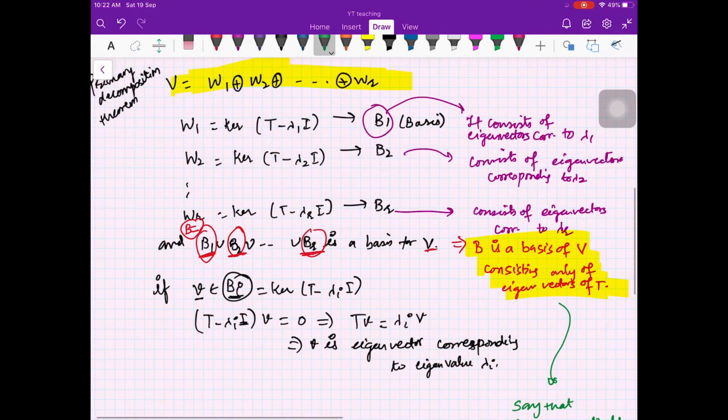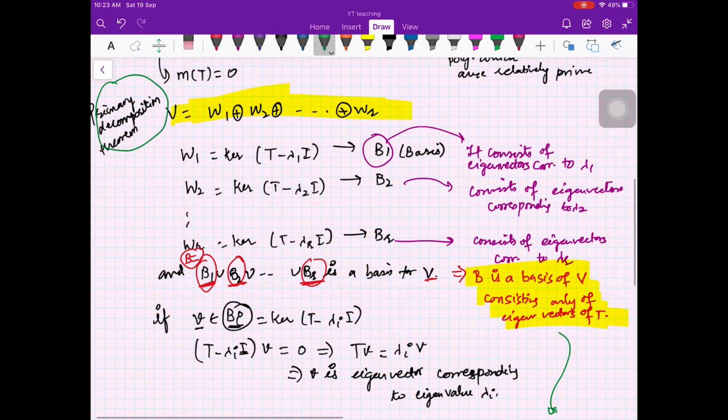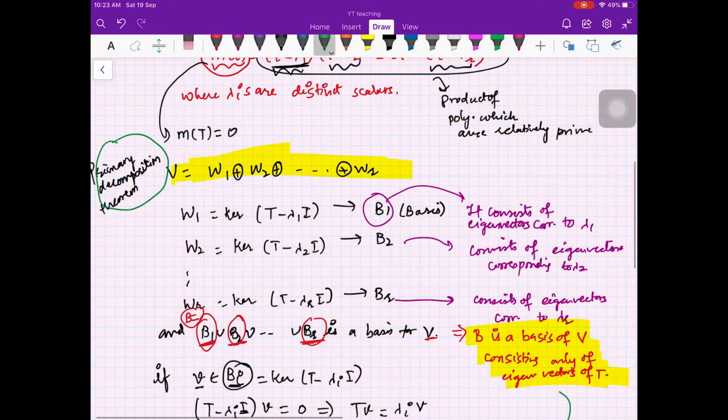Okay, so this is how you use the primary decomposition theorem to prove the statement.